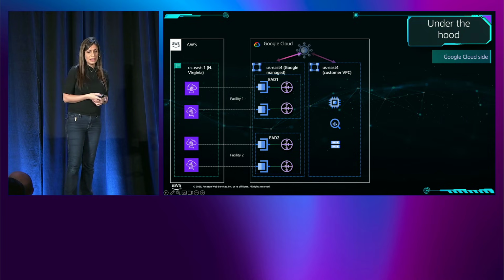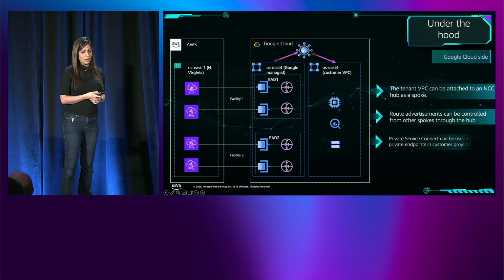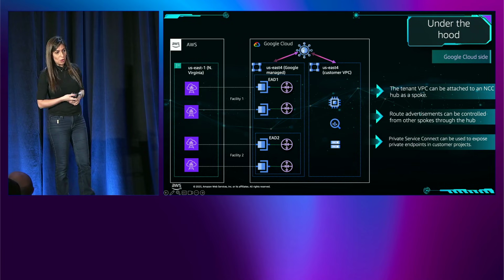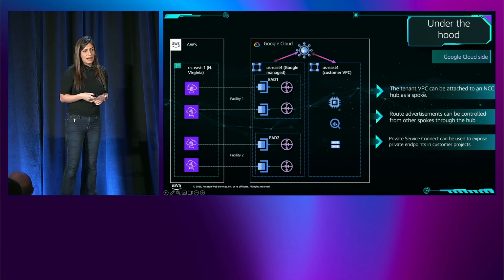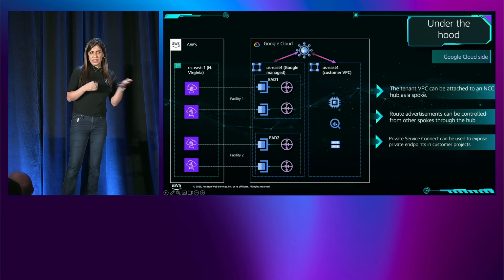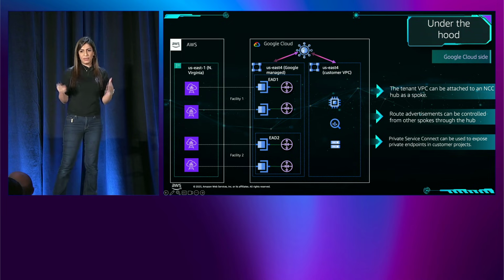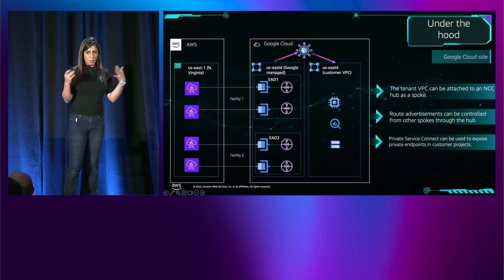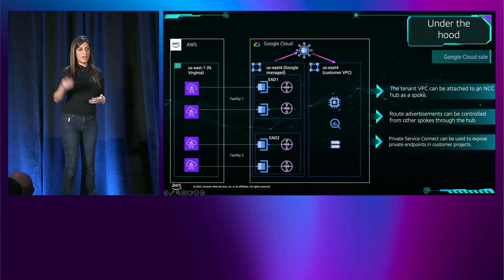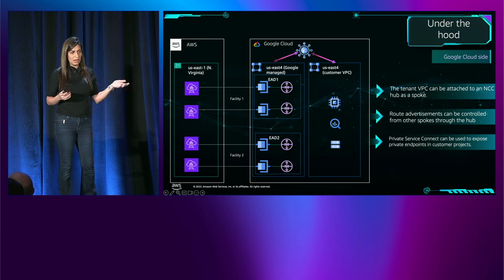In addition to that, right after preview, we're looking to introduce support for what we call Network Connectivity Center. You could think of VPC peering as a one-to-one relationship. Network Connectivity Center is essentially a hub that allows you to attach multiple spokes to it. So you can think of our managed VPC as one spoke, and then you can attach a number of other spokes to that hub so that they can all leverage that connection and talk to AWS.